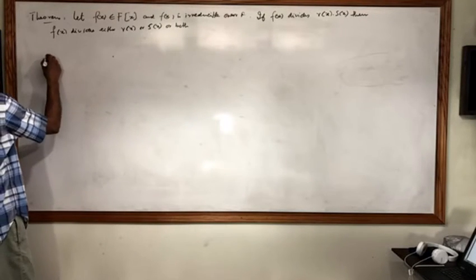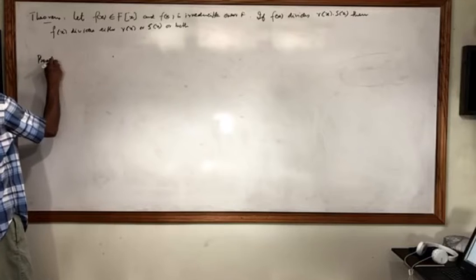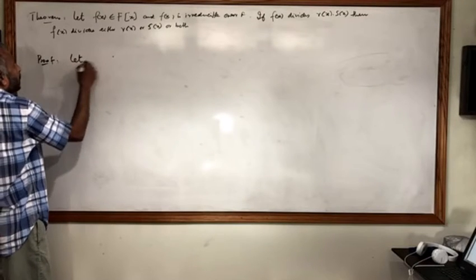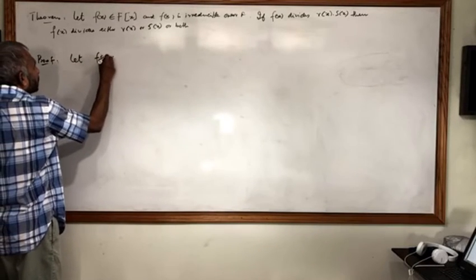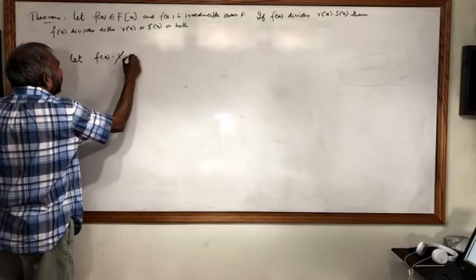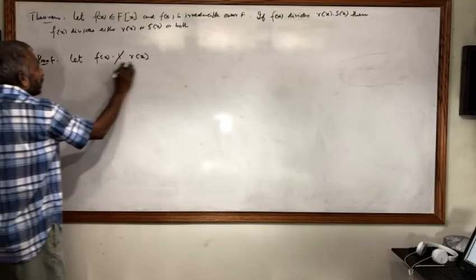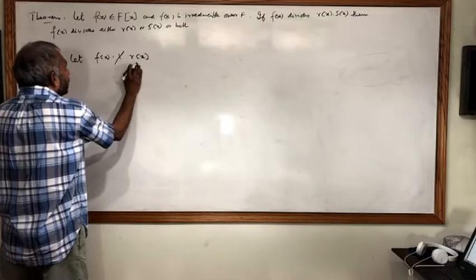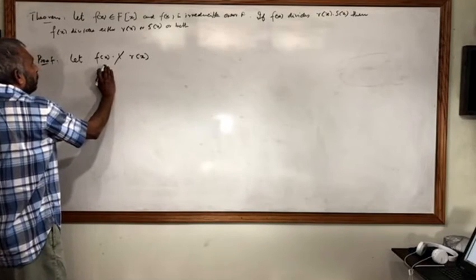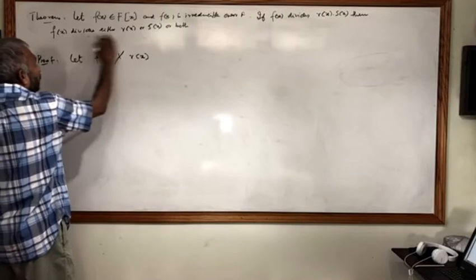So what we are going to do is, let p(x) not divide r(x). If it does not divide r(x), then we need to prove that it divides s(x).